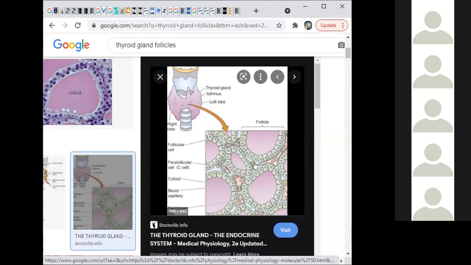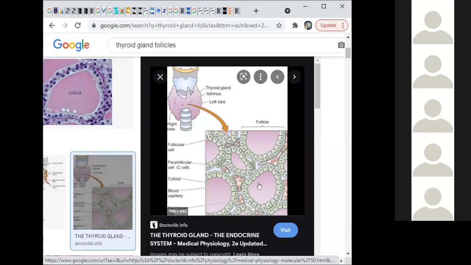Yeah, it's quite visible. So this is the gland, and when you go into the gland, this is what you find. This is what we mean by follicle. You can see this whole round thing here is a follicle. Inside this follicle is what we call the colloid, and the colloid is the thyroglobulin that we talked about.